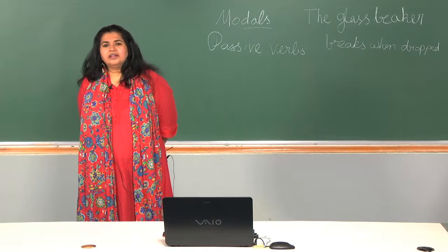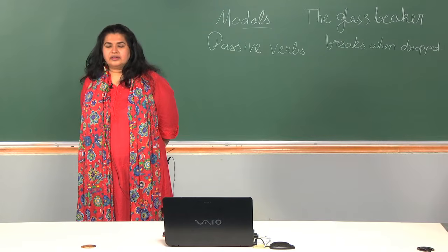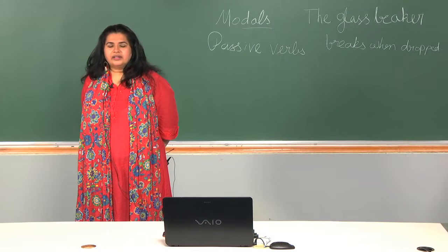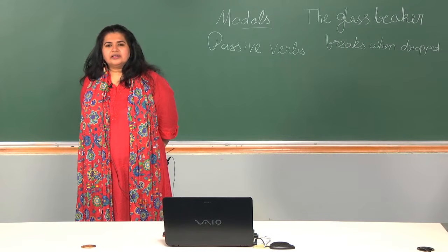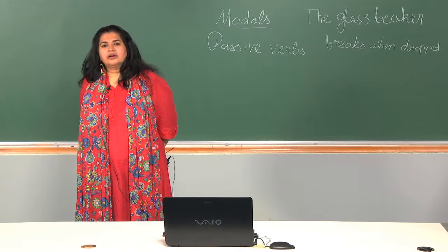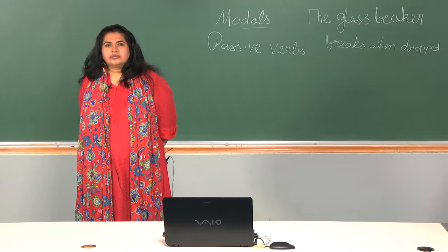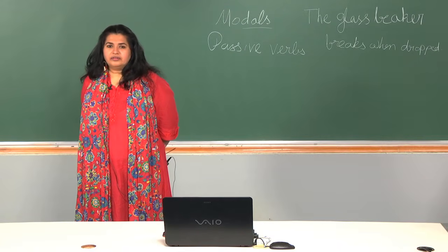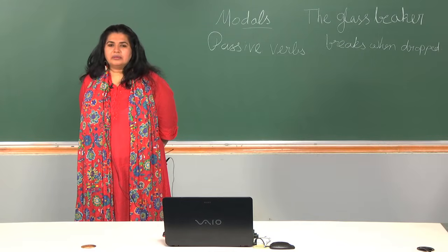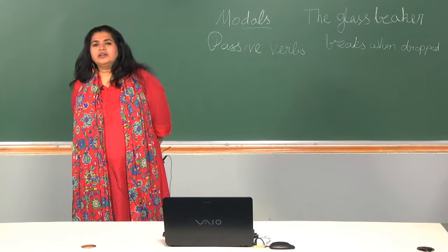And if I say the glass beaker cannot break, it is made of a particular brand of glass, a quality that is resistant to fall. So, the glass beaker cannot break even if it is dropped, that is 0 probability of breaking. You see how one modal, may, can, shall, changes the meaning of a sentence.